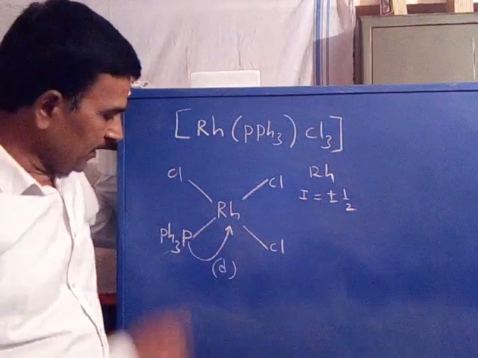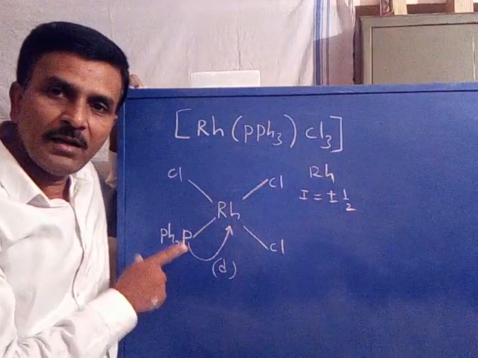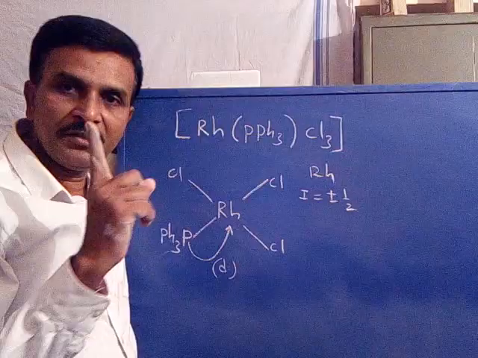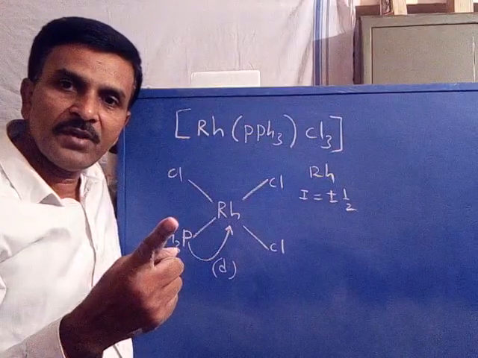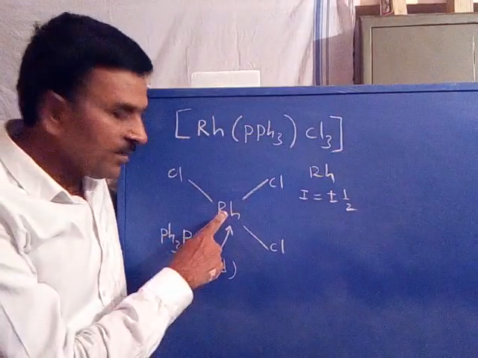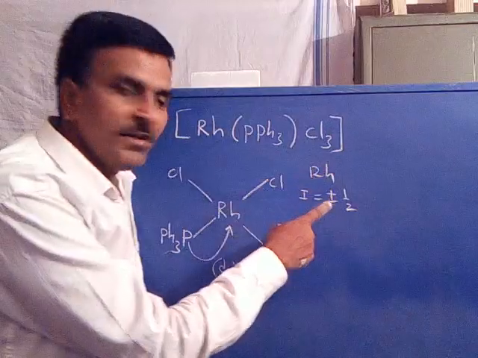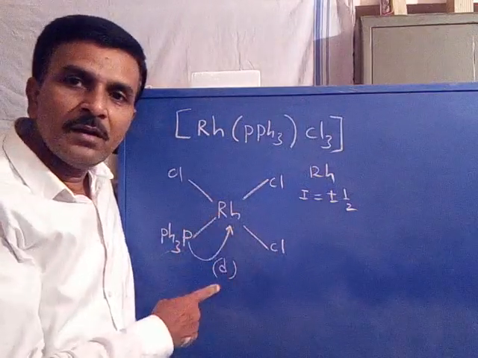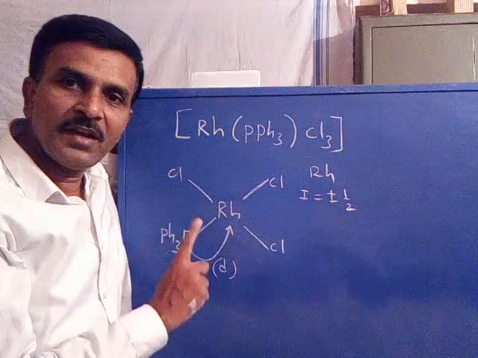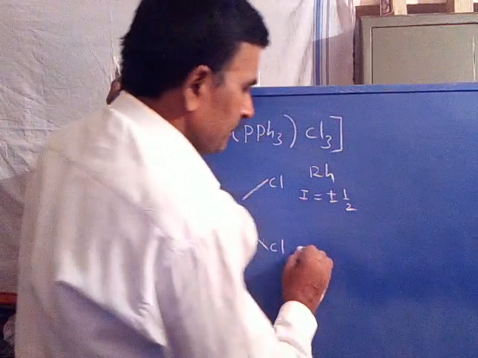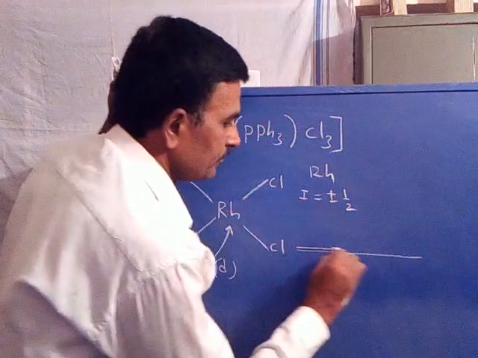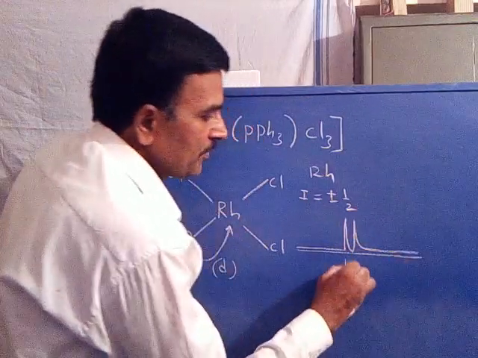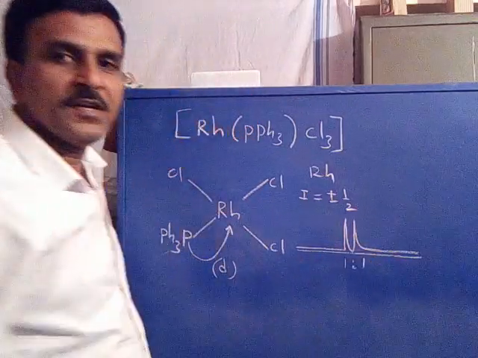A simple doublet. One phosphorus is there in the PPh3 ligand, so one signal appears. Its multiplicity: phosphorus couples with rhodium with I equal to 1/2. According to the n+1 rule, 1 plus 1, the signal appears as a doublet, with 1:1 intensity.